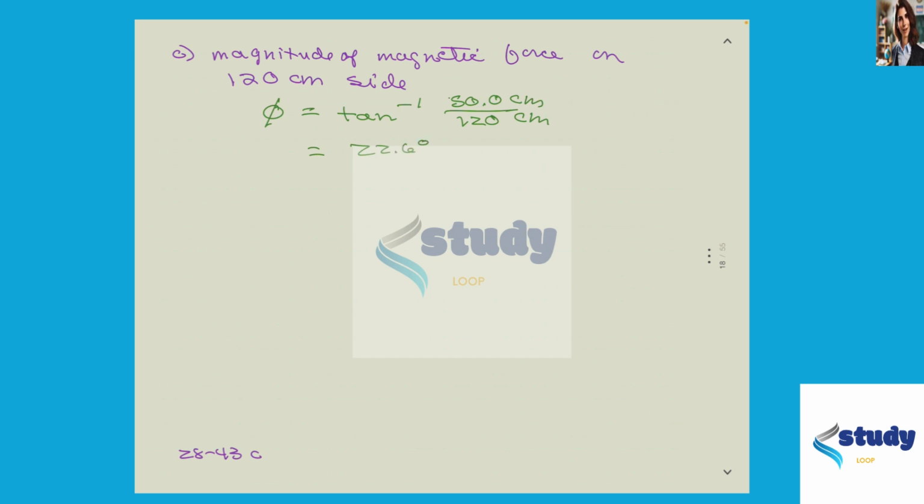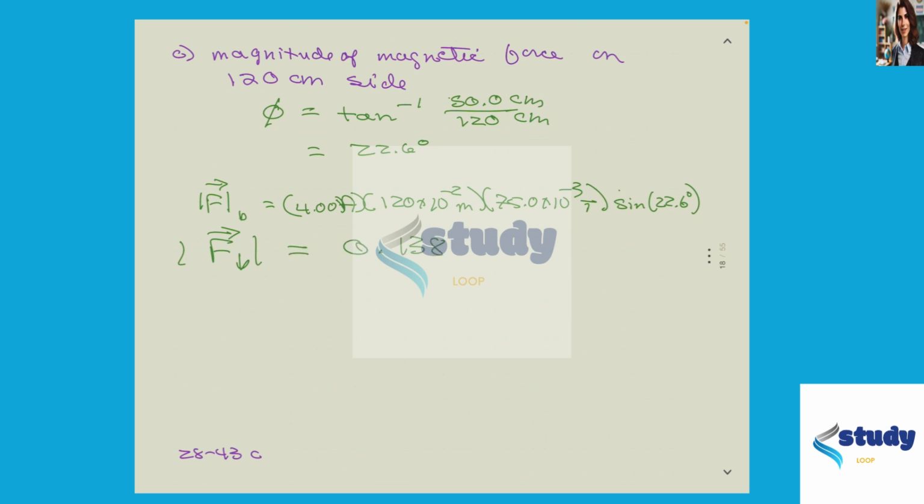And then we're going to plug this in. So our force on B this time will be 4 amps times 120 times 10 to the minus 2 meters times 75.0 times 10 to the minus 3 teslas times the sine of 22.6 degrees. Feel free to check my math on these, this will be 0.138 newtons.